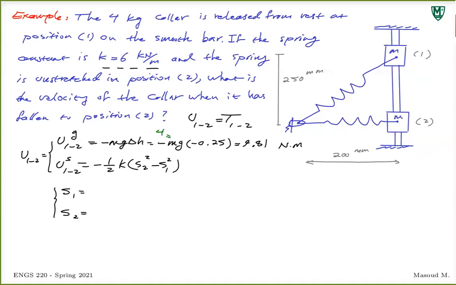Yes, exactly. We got there. Thank you, all of you guys. Yes, S2 is 0, right? Because if you look at the problem statement, and if you can read my handwriting, the spring is unstretched in position 2. So we said S is how much the spring is stretched or compressed. So this is 0.